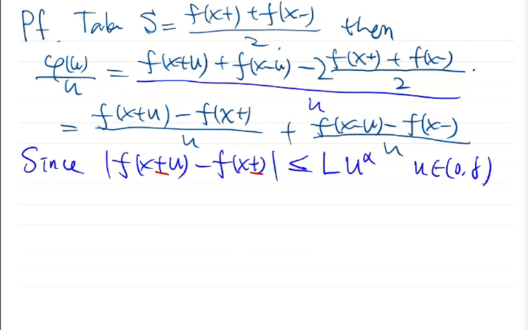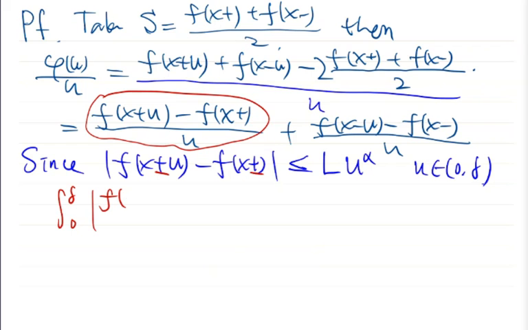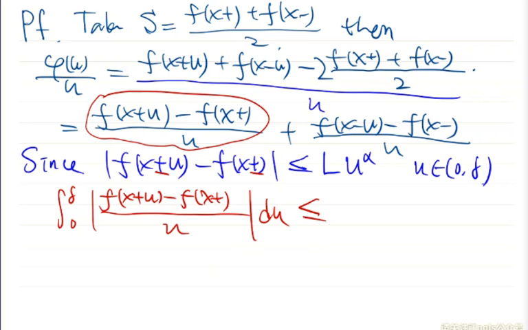We see that this term, as a function of u, is absolutely integrable on 0 to delta. The integral of |f(x plus u) minus f(x plus)| over u du is not greater than the integral from 0 to delta of L u to the 1 minus alpha du.